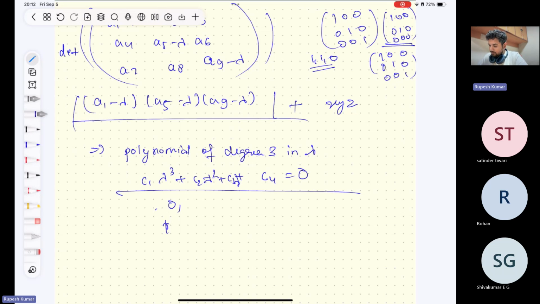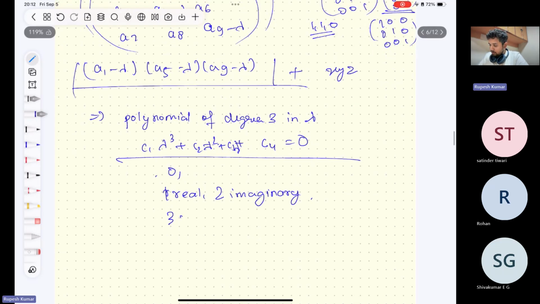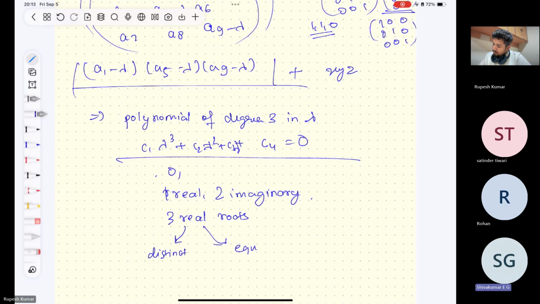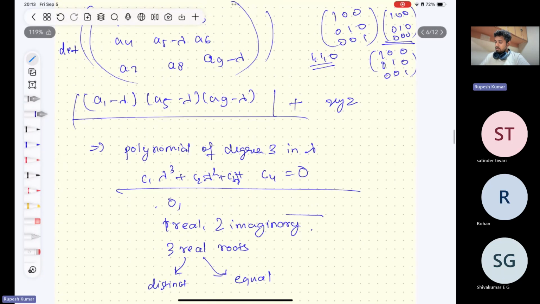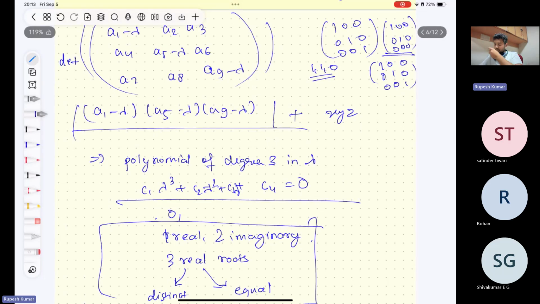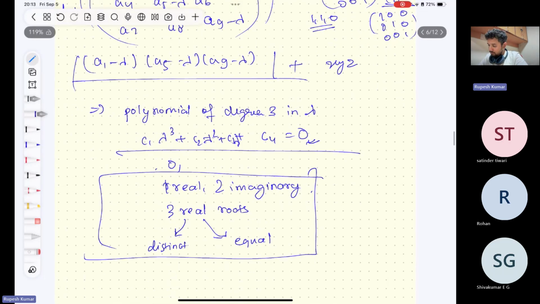It can have one real and two imaginary roots, which are basically complex conjugates. It can have three real roots, and in this case also they can be distinct or equal. So these are the three cases that you will see for the root finding problem for this cubic polynomial, right?